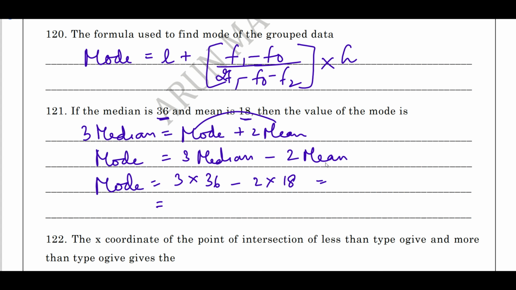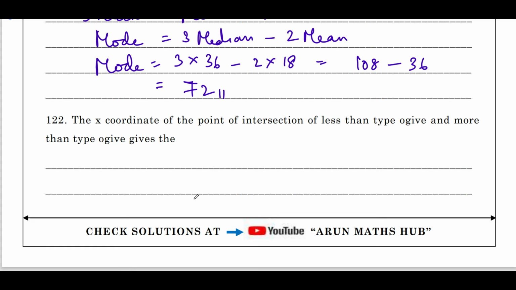Multiply 3 into 36, we get 108, minus 2 into 18, we get 36. 108 minus 36, we get 72. Therefore mode is 72.